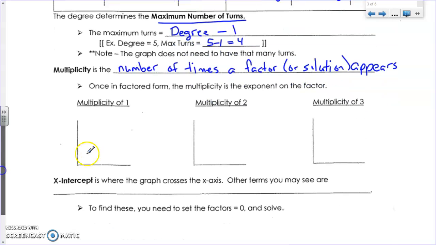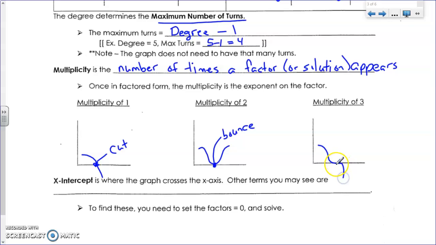So if it's a multiplicity of 1, your graph's going to cut through, like a straight line. If it's a multiplicity of 2, that zero is going to bounce. Multiplicity of 3, it's going to wiggle.